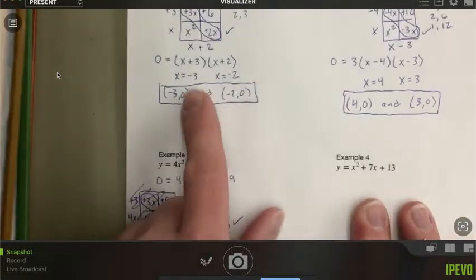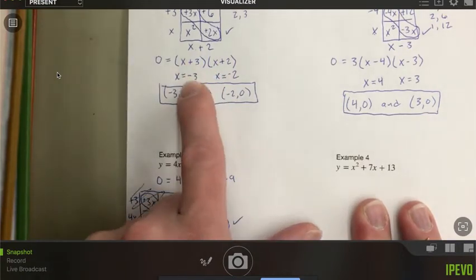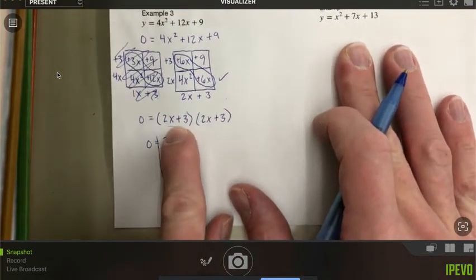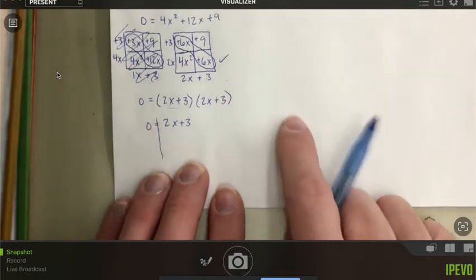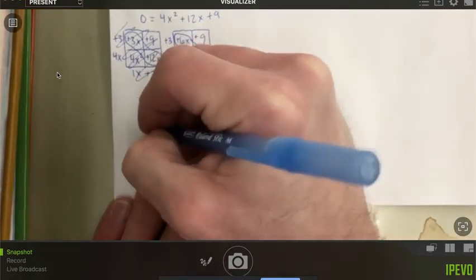So once again, in a case like this, it was easy to see that negative 3 plus 3 is 0, and so that was just my x value. But once again, in this case, 2x plus 3, when does that equal 0? I don't know. I can't just see it off the top of my head, so I'm just going to set it up and then solve.